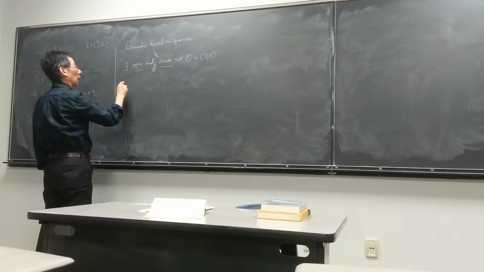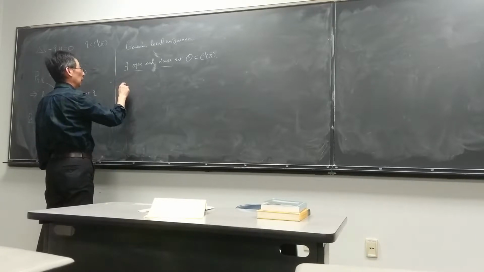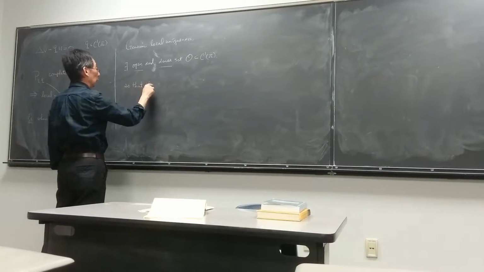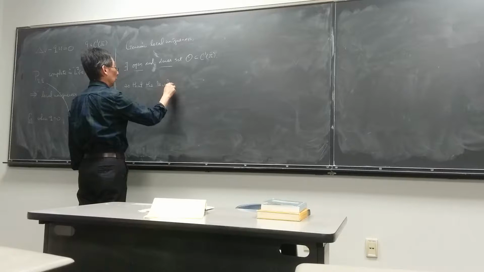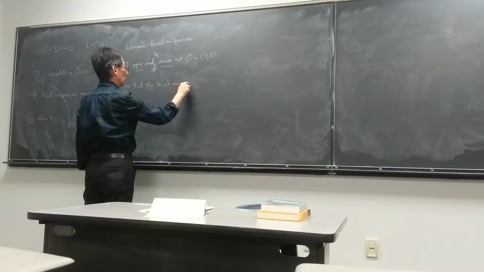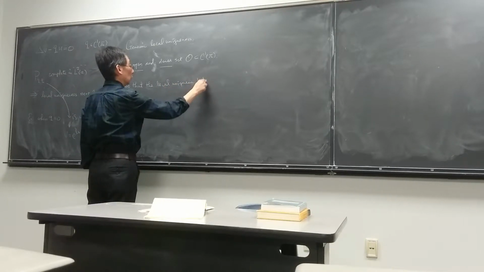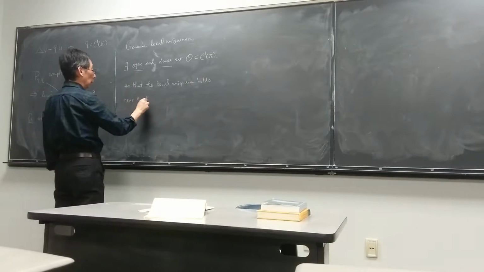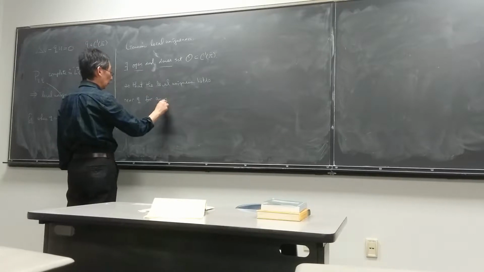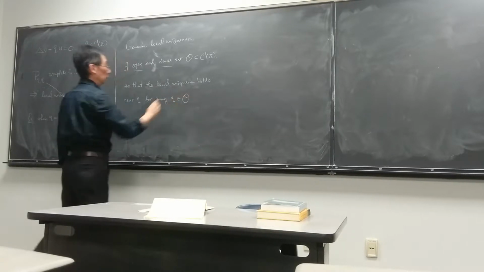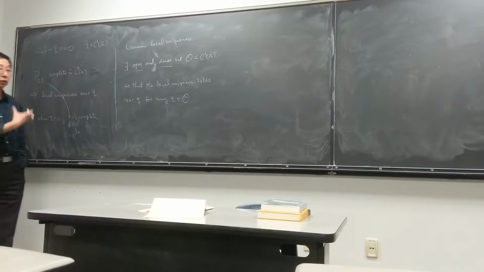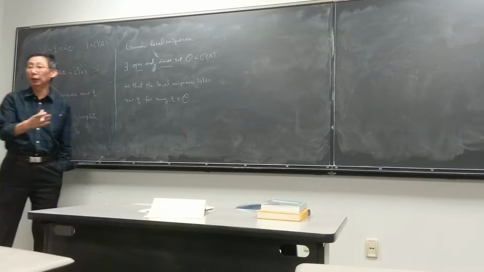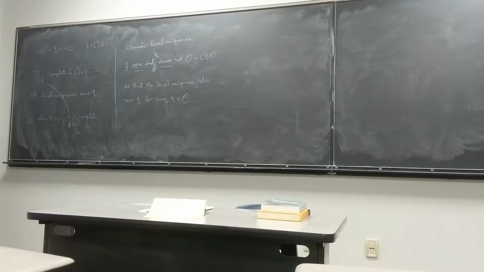So that the local uniqueness holds near Q for any Q in O. This is not going to be the best result, because eventually people achieved global uniqueness.